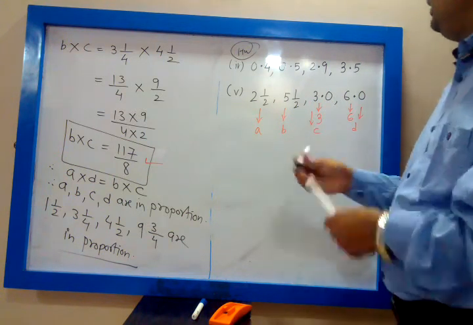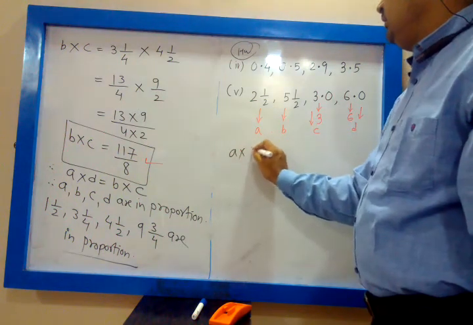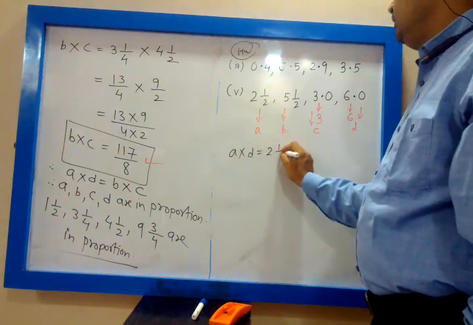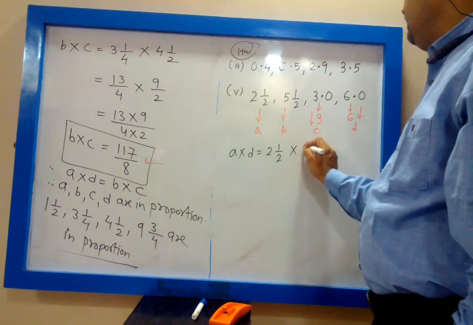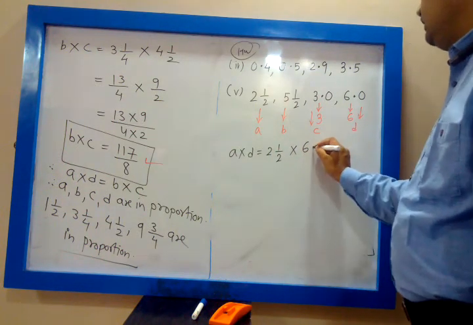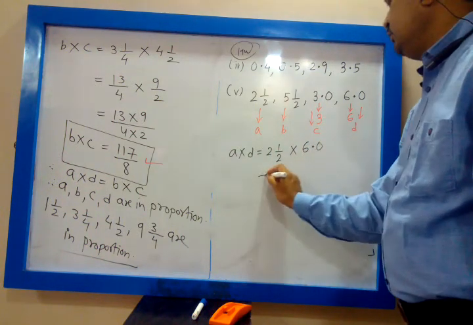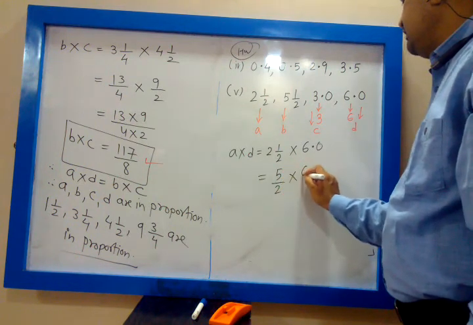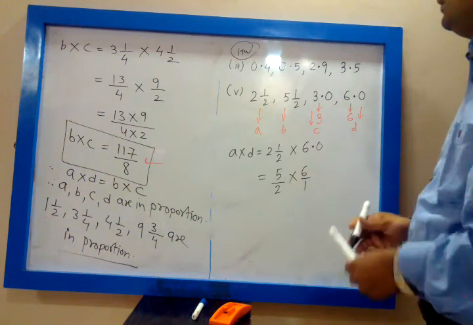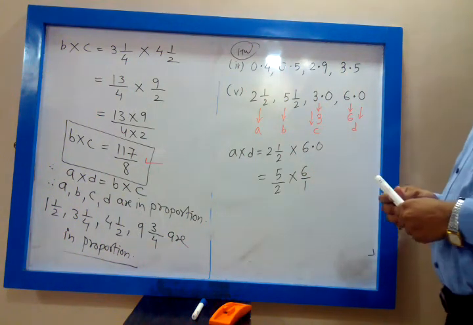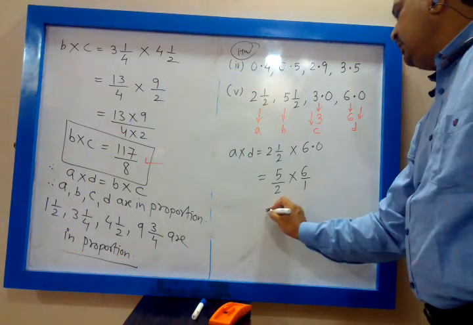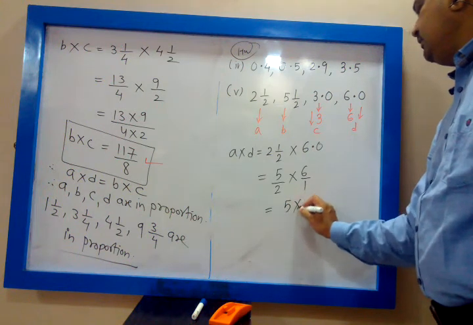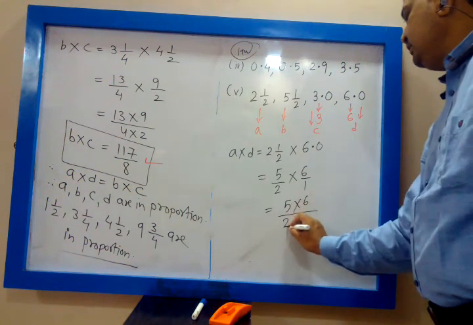So A into D is 2 is to 1 by 2 multiplied with D, which is 6.0. So 2 2s are 4, 4, 5 by 2 multiplied with 6. 6 I can write 6 upon 1. So multiplication of two fractions, multiply numerator to numerator, denominator to denominator. 5 into 6 upon 2 into 1.